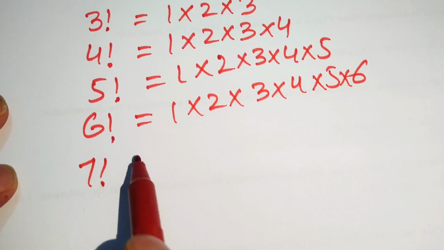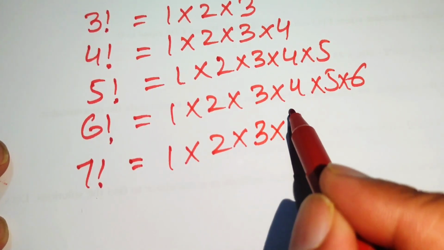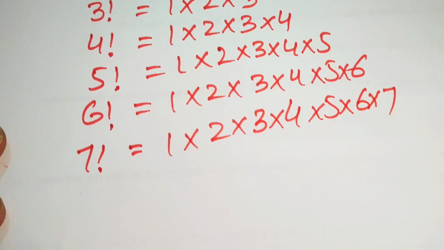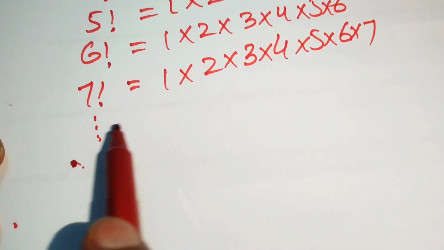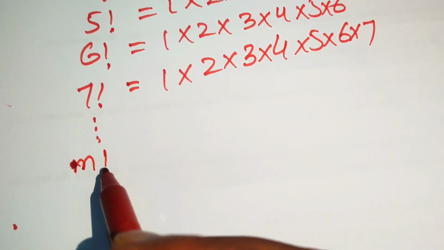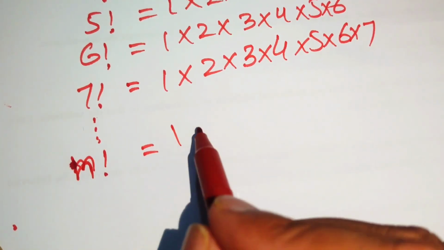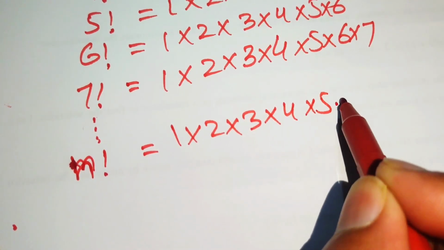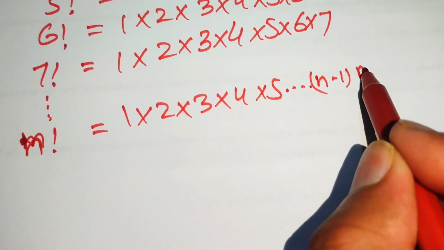Similarly, if you have 7 factorial, we write it as 1 times 2 times 3 times 4, 5, 6 and 7. Similarly, we expand this up to 7. If we expand m factorial or n factorial, we write it as 1 times 2 times 3 times 4 times 5 and so on up to n minus 1 times n.